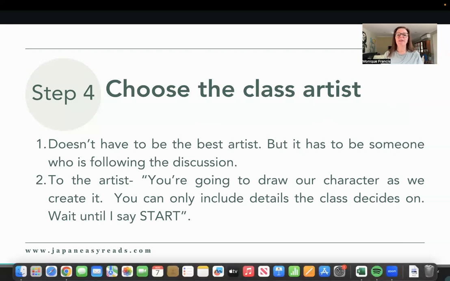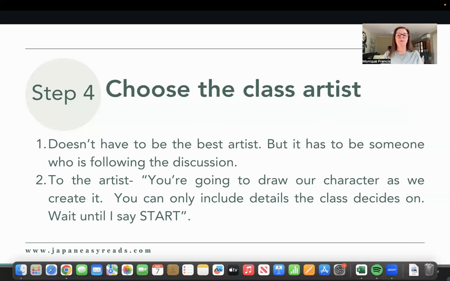So it doesn't have to be the best artist at all, but it has to be someone who is able to follow the discussion and who is able to give the effort to the picture, in so much as remembering to put all the details in.